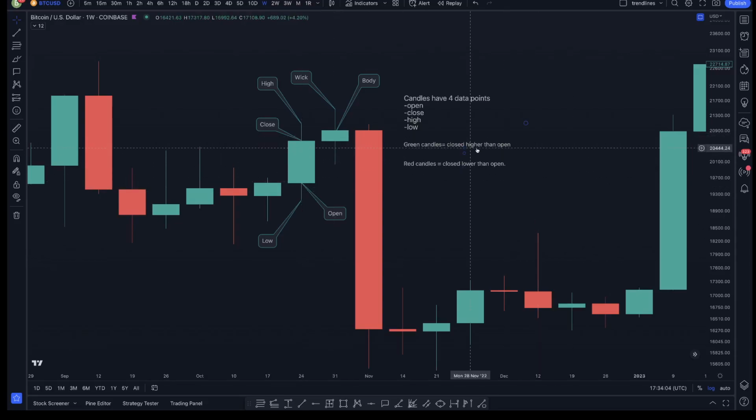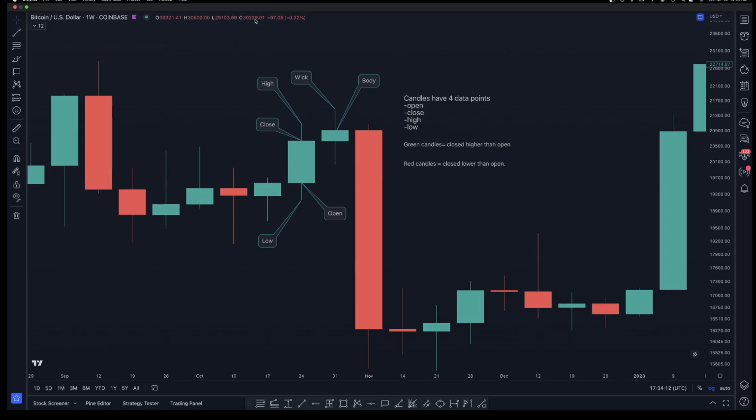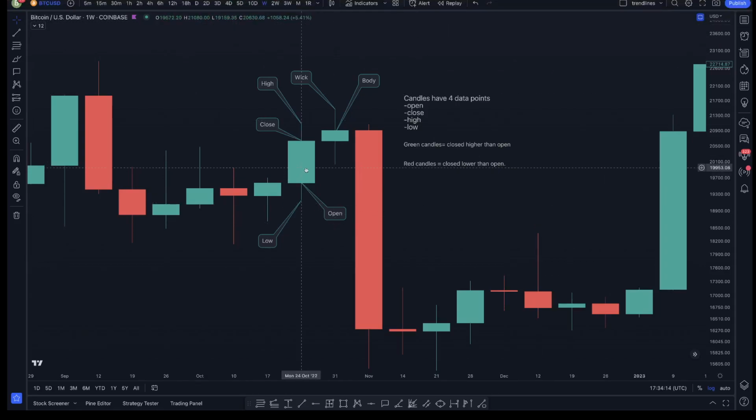So the candles are green if it closed higher than it opened, and they're red if it closed lower than it opened. And you can see this little toolbar up here is actually, if you highlight each candlestick, the data pops up there. The OHLC, open, high, low, and close, and that is reading whatever the vertical line is on.